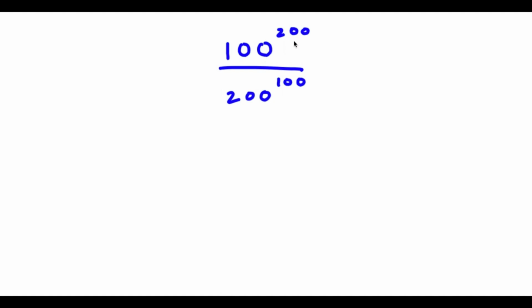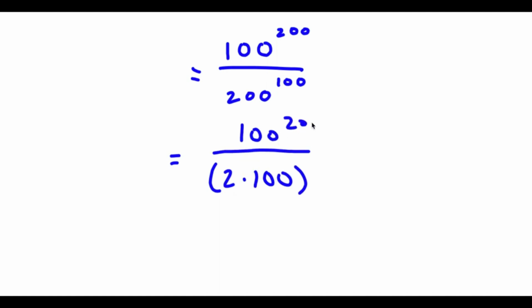So I have 100 to the power of 200 over 200 to the power of 100. Now, 200 is the same thing as 2 times 100. So I have 100 to the power of 200 over 2 times 100 to the power of 100.